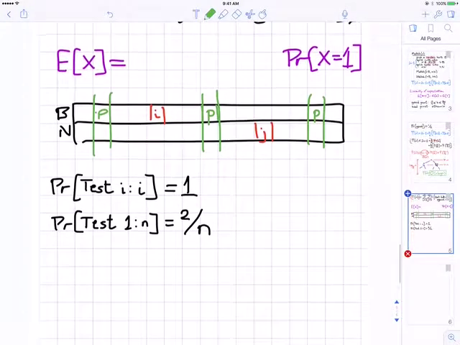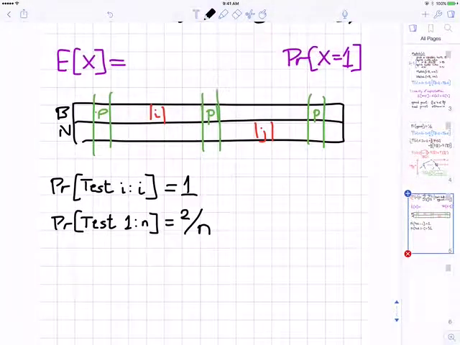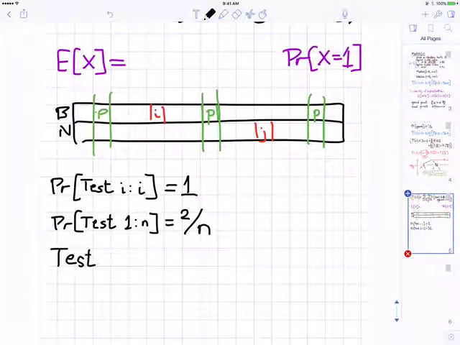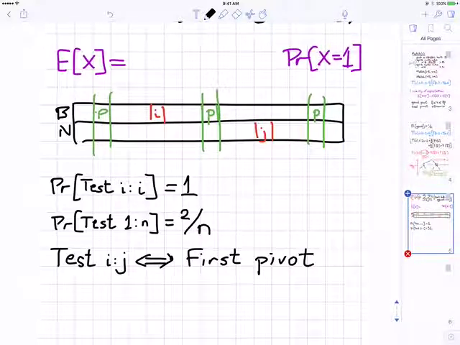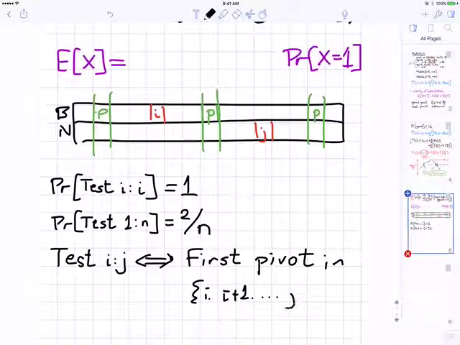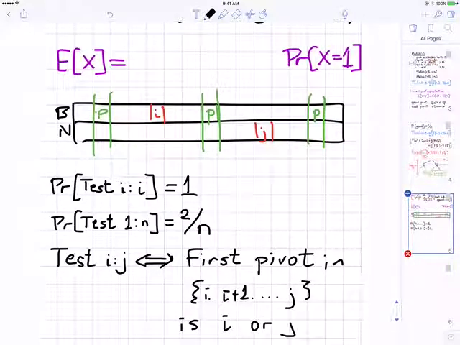So I'm going to test I against J if and only if the first pivot chosen from the set I plus 1 up through J is I or J.